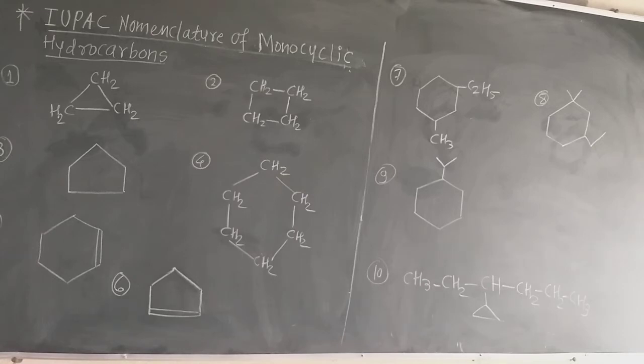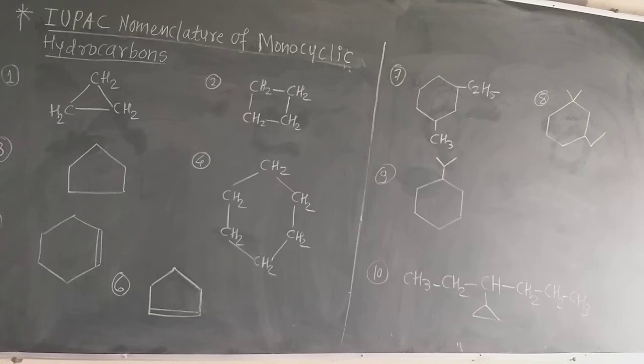They are also hydrocarbons. Though they are cyclic compounds, they are alicyclic, not aromatic compounds. That is, the alternate carbon-carbon double bonds as in benzene are not here. We are seeing only the nomenclature of alicyclic monocyclic compounds.